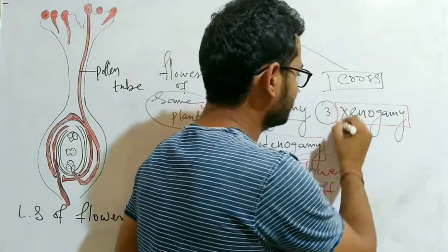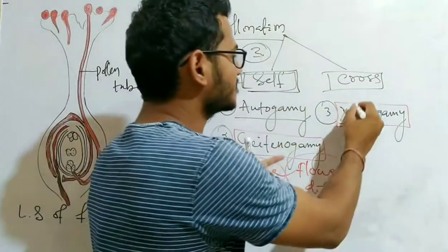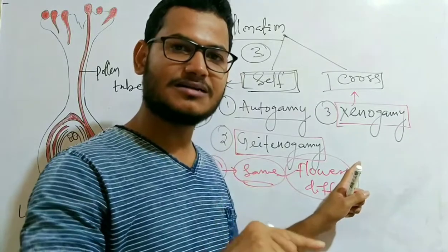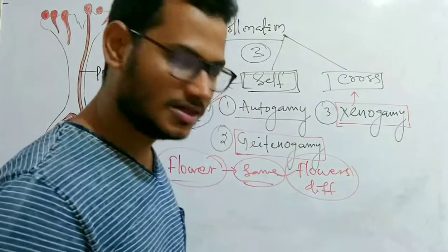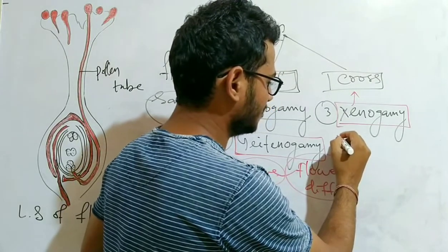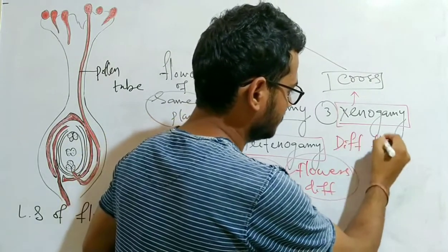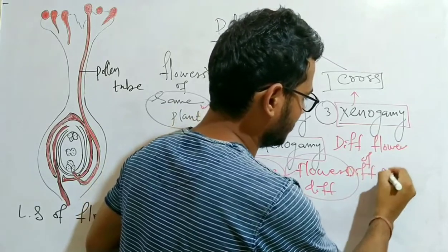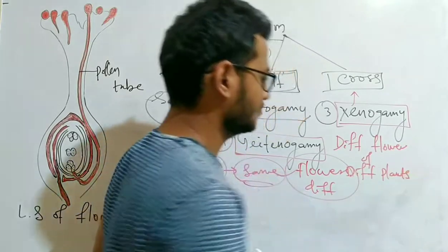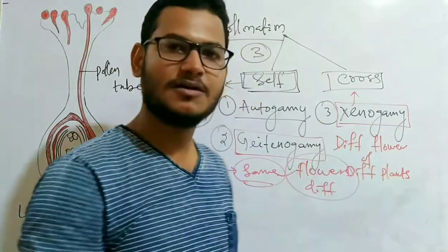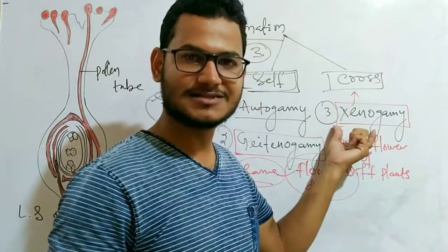Next, genogamy is a type of cross-pollination, because here the flowers are different and the plants are also different. So pollination takes place between different flowers of different plants. So it is cross-pollination.